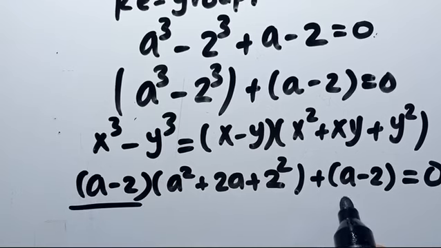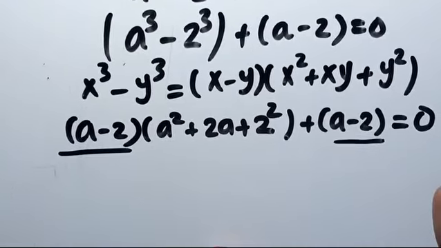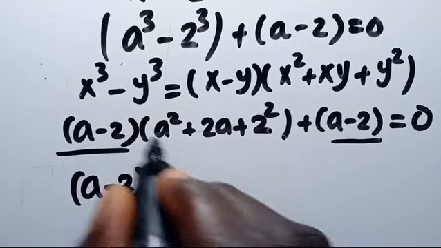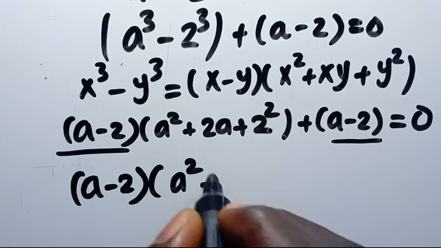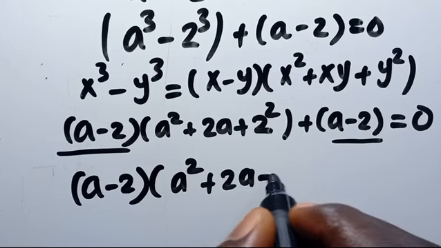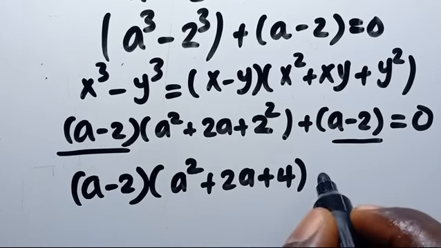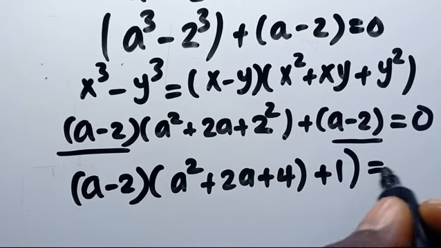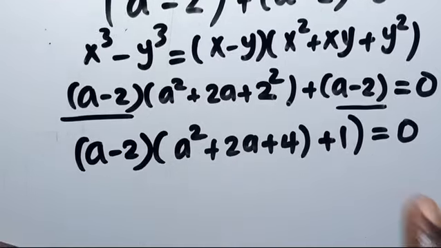a minus 2 is common, so we can factor it out to be a minus 2. This will be a squared plus 2a plus 4, and this will be plus 1, equals 0.